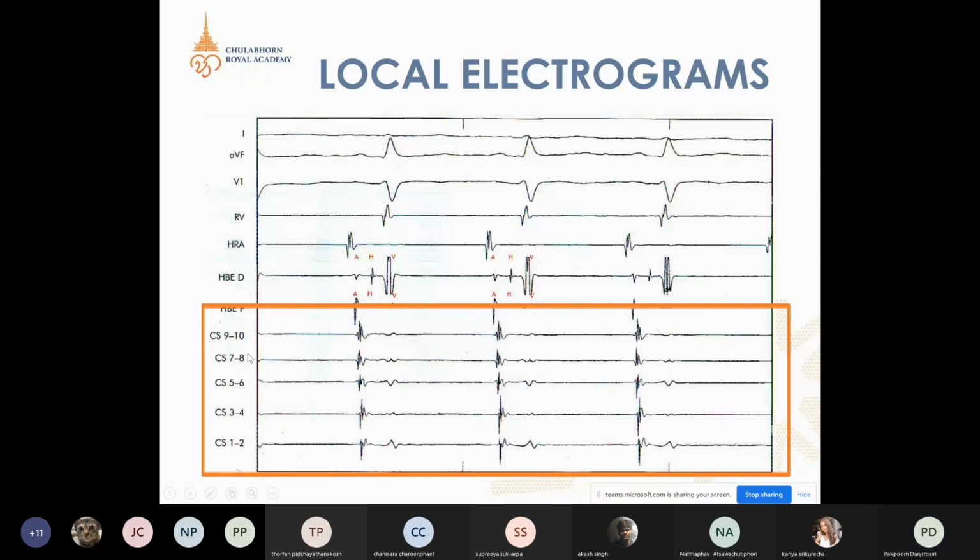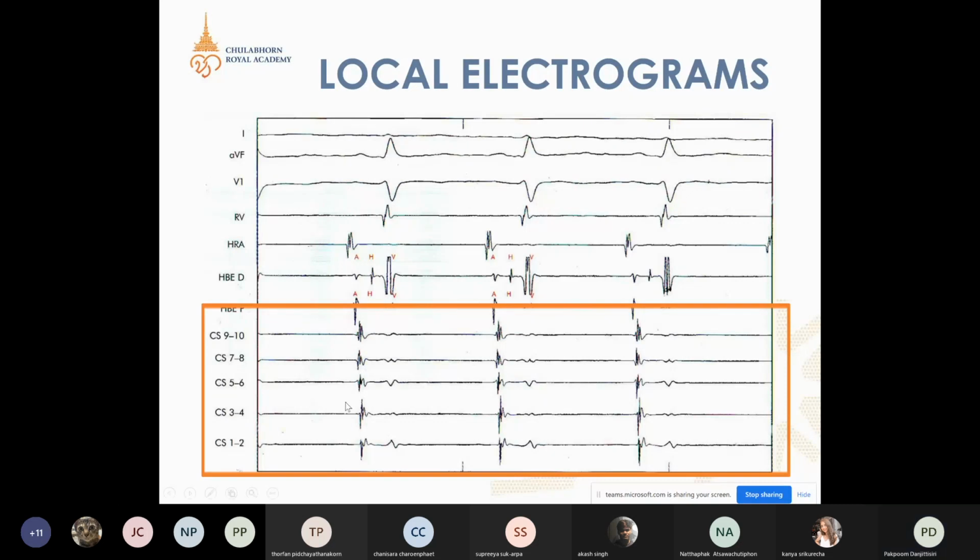So when you consider the activation sequence, the depolarization of the atrium will come from the right atrium and then go to the left atrium, right?